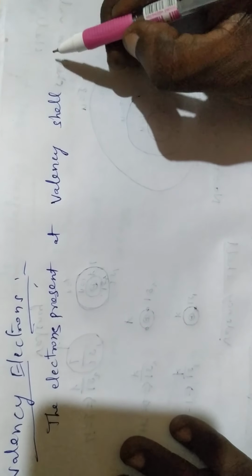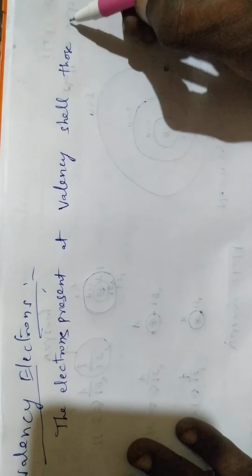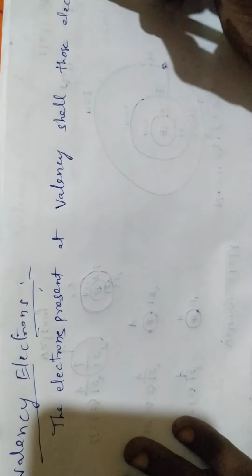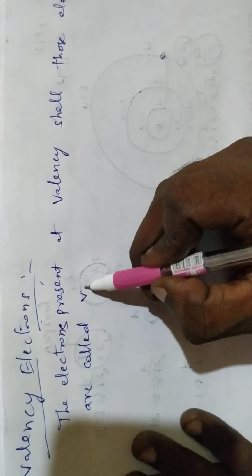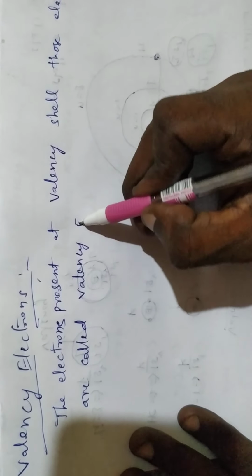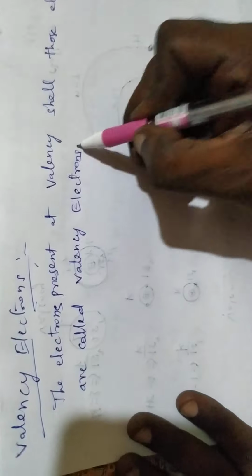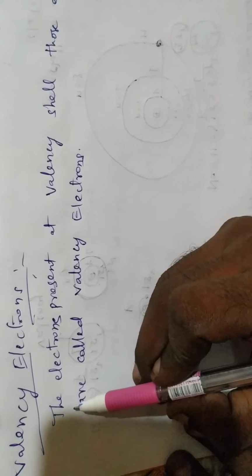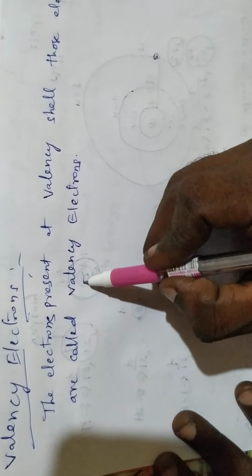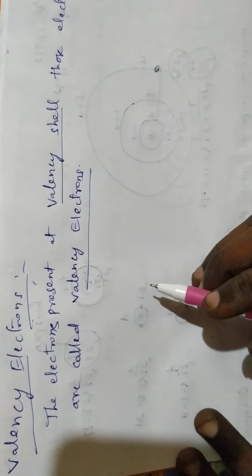Electrons present at the valence shell, those electrons are called valence electrons. So the electrons present at the valence shell, those electrons are called valence electrons.